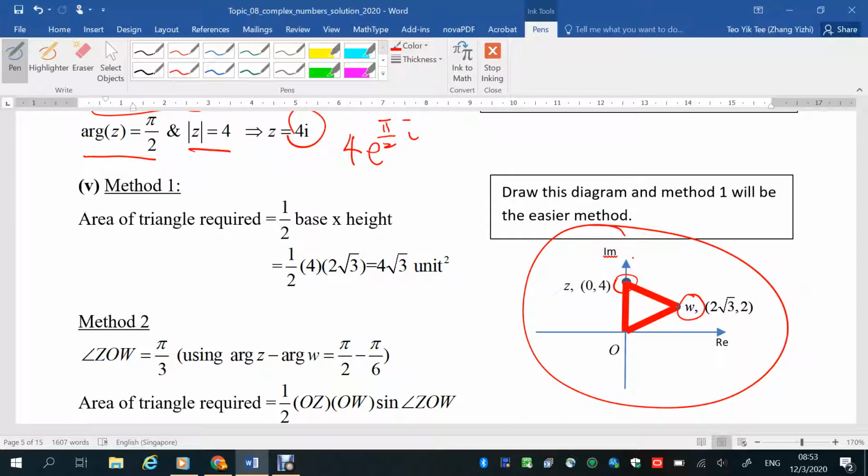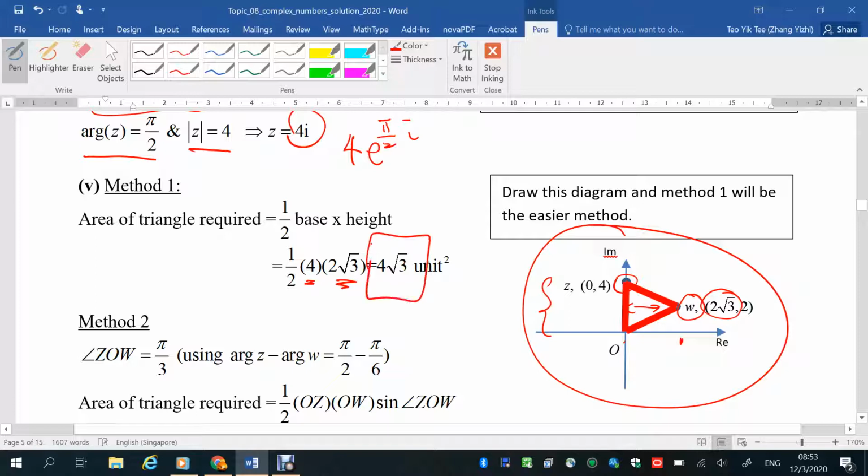Looking at this, do you know what's the base? This is the base. This is the height, and the height is just the distance from the origin down to here, which is your x coordinate. So it's half base times height. You get the area directly. This method is much easier and easier for you guys to digest.